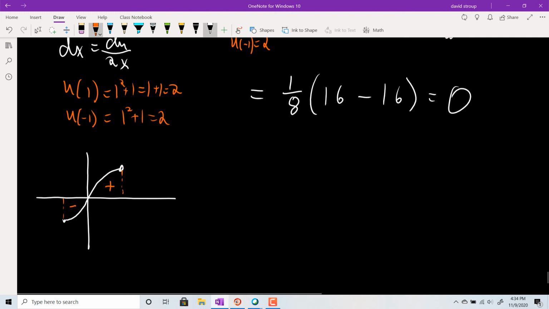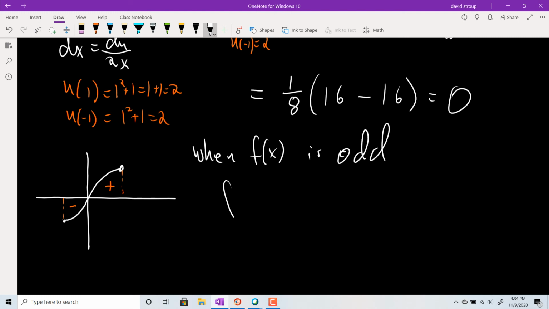So just as a side note, when f of x is odd, and you have an integral over some symmetric interval about the origin, the integral of this thing will be 0.